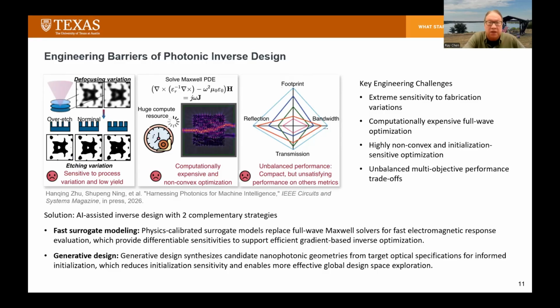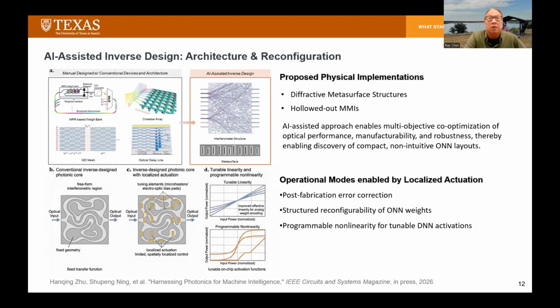The second one is generative design. It synthesizes candidate photonic geometries directly for the optimizers. Much more informed initializations reduce the seeding sensitivity and enable a more effective global exploration of the design space. Those are the tasks we are going to achieve in the coming days.